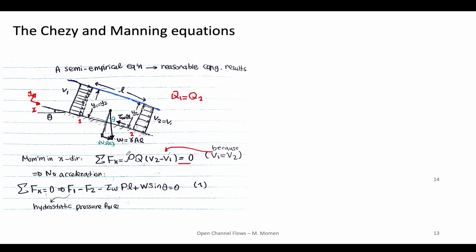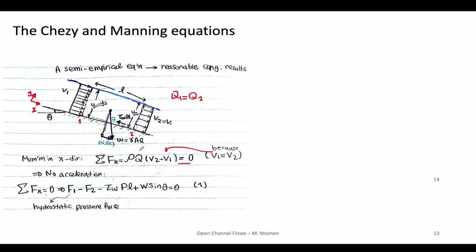Again, I repeat: the sum of the forces should be rho times Q, the flow rate, times (v2 minus v1). The reason we have a minus sign here is because v1 is entering your control volume and v2 is going out of your control volume, so v2 has a positive sign and v1 has a negative sign.